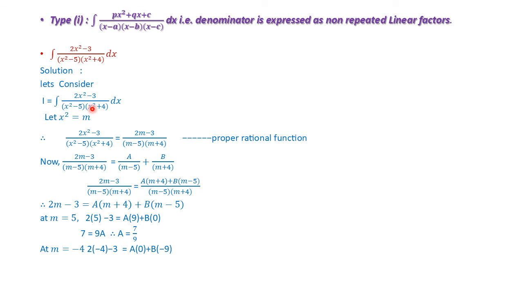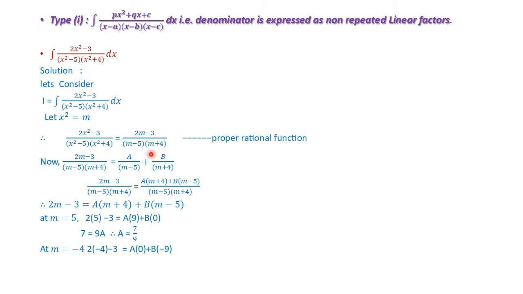Consider the given integral and make a substitution, x square is equal to m. Therefore the given integral becomes (2m minus 3) by (m minus 5)(m plus 4). Now here the degree of the numerator is obviously less than the degree of the denominator, therefore this is a proper rational form.